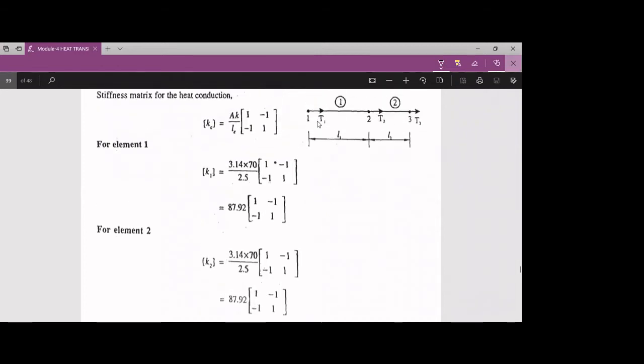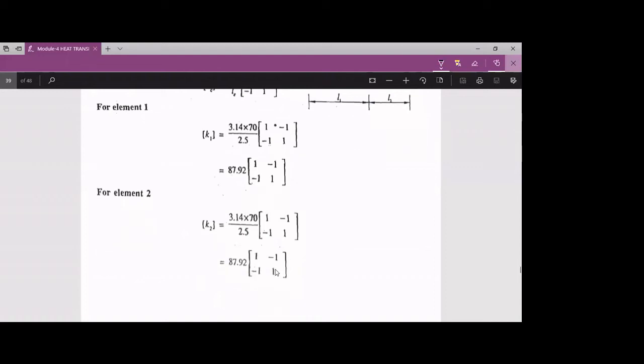Now see here, you can see the first node, second node, third node. The second node is common to both elements. As you assemble, that node overlaps here, so we get a 2-2 combination. If you write the degrees of freedom, for the first element this gives 1 2, 1 2, and similarly for the second element 2 3, 2 3.